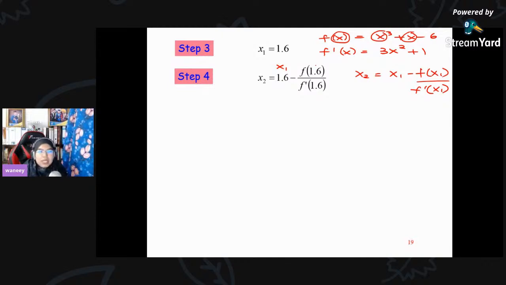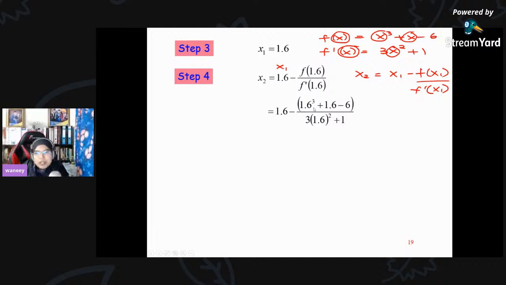So replace all the x with 1.6 and then f prime 1.6. That means every time we see the x in f prime, we should replace them with 1.6 as well. So it will become 1.6 minus (1.6 cubed plus 1.6 minus 6) over (3 times 1.6 squared plus 1). Okay, so now try to use your calculator and find out what is this value.